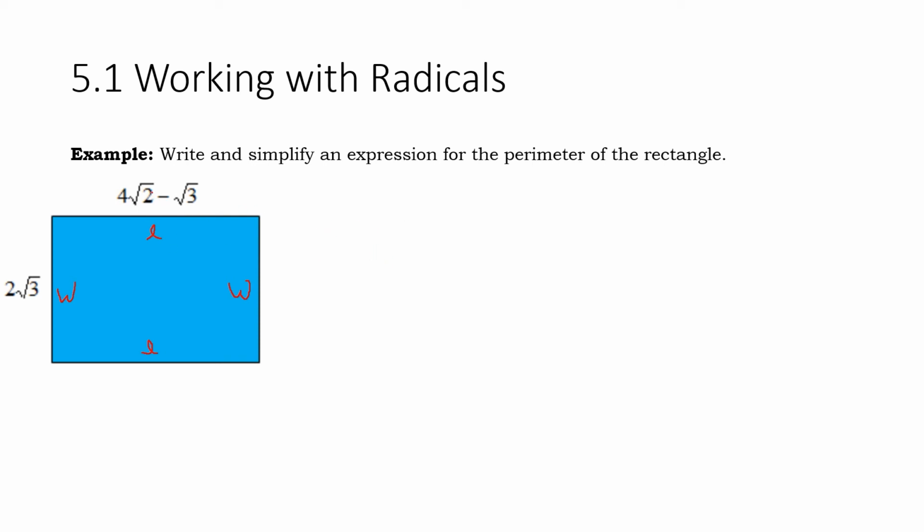Perimeter equals 2L plus 2W. You could equivalently do L plus L plus W plus W. You're going to get the same result. This one's just probably going to get you there in less steps.